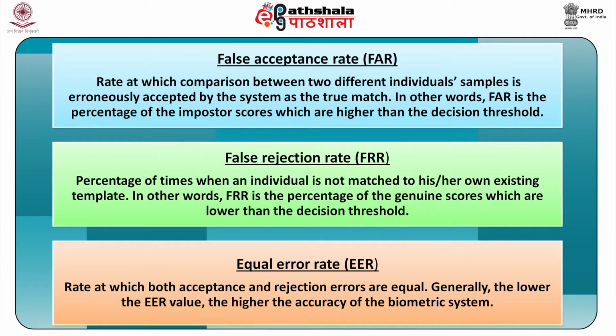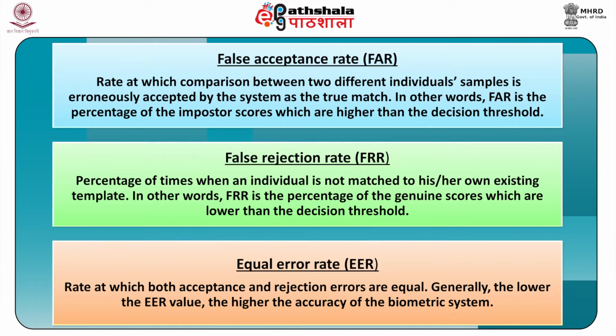First one is false acceptance rate, that is FAR. It is the rate at which the comparison between two different individual samples is erroneously accepted by the system as the true match. In other words, FAR is the percentage of the impostor scores which are higher than the decision threshold.